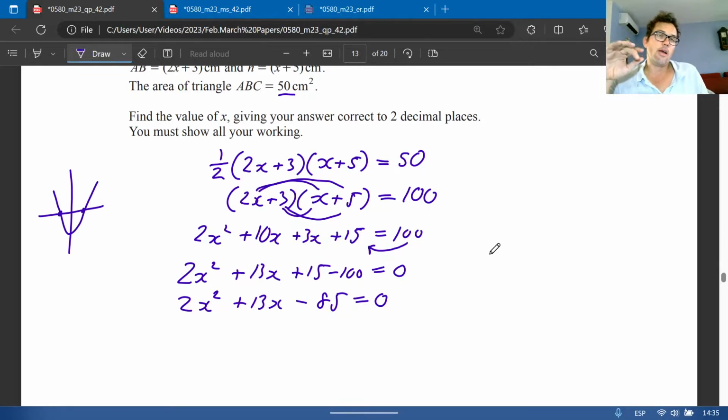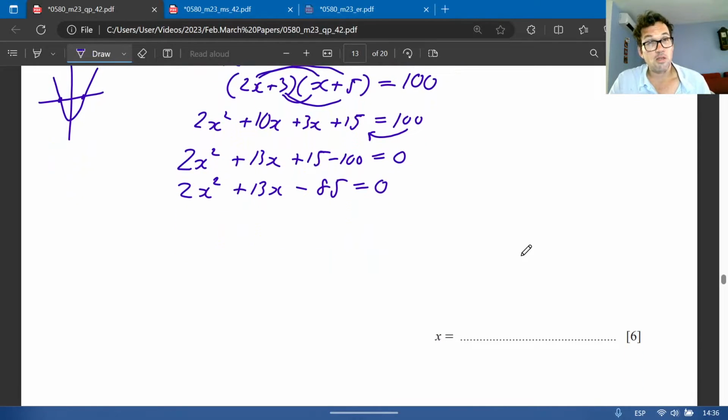Now we can try and factorize this, make 2 brackets like before, except now we got the 100 incorporated. But this sentence here is very important: find the value of x, giving your answer correct to 2 decimal places. So that means our answer has got decimal values, and that will make it very hard to factorize, which means the best option here would be to use the quadratic formula.